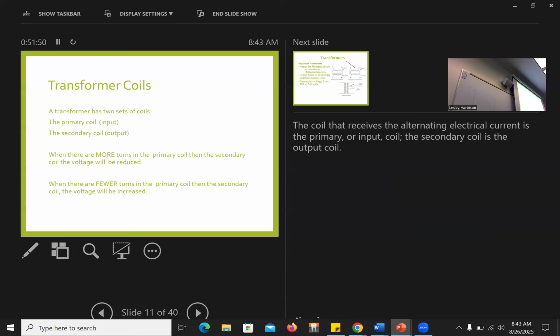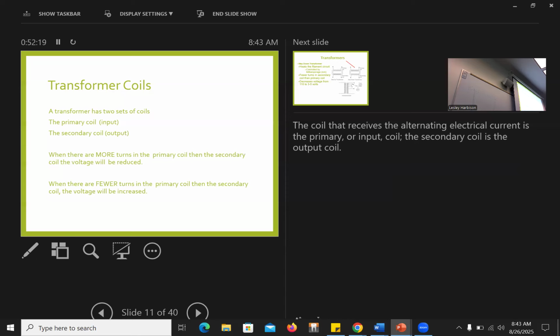On this one there are fewer turns in the primary coil than the secondary. Here's our secondary down here, and this is just metal wrapped around the iron core. So that's what it's diagramming.